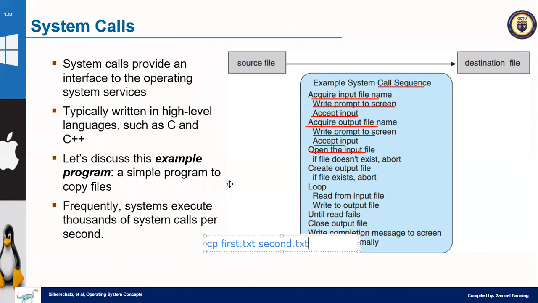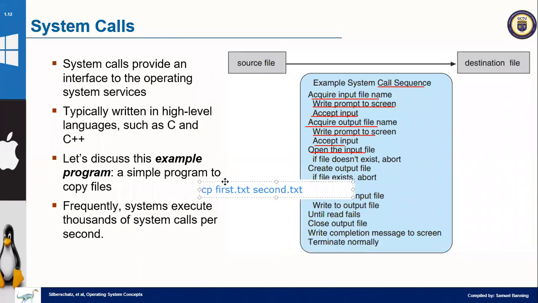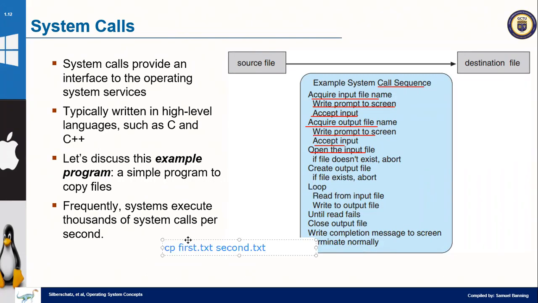I hope you can see what I have just typed. So this is a command to copy the content of a file called first.txt and paste it into a file called second.txt. This will be executed using this call sequence.